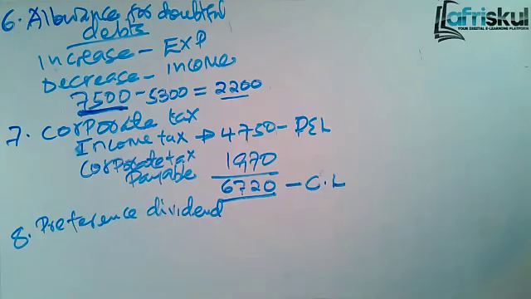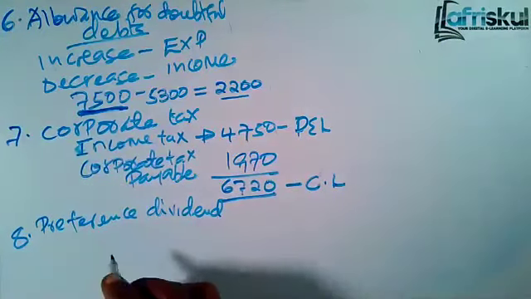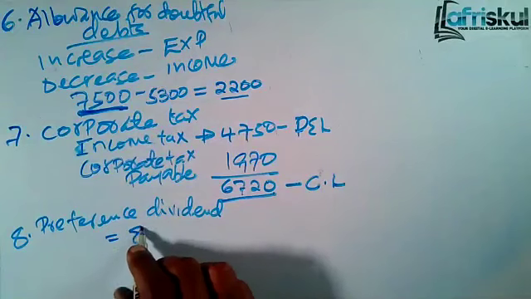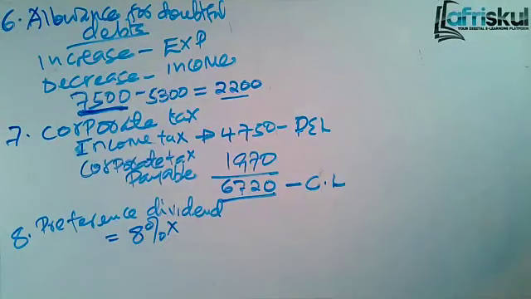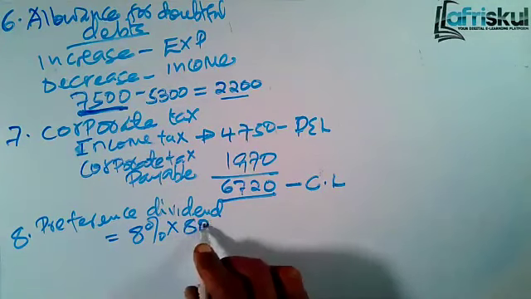In our case, on the trial balance, we've been given the rate of 8%. Therefore, you will take the 8% of the total preference share capital, which is 8,000.